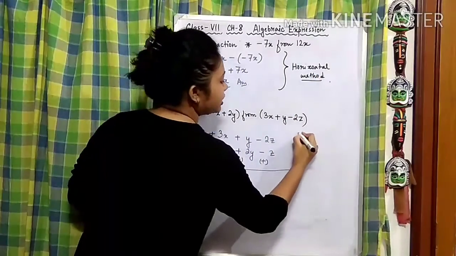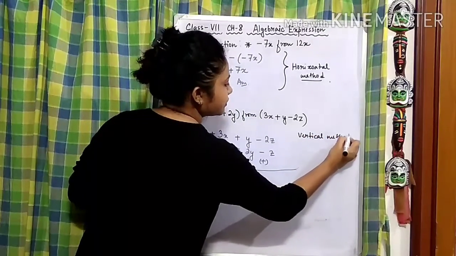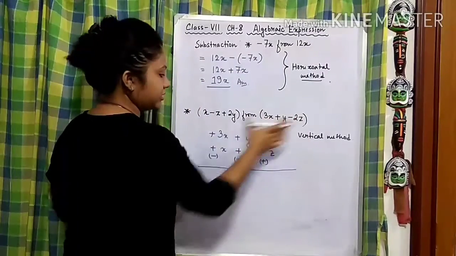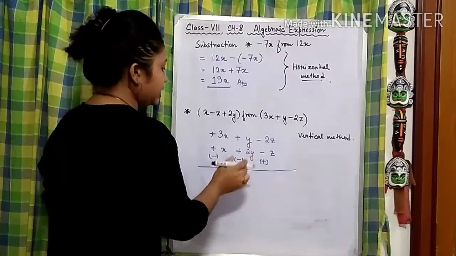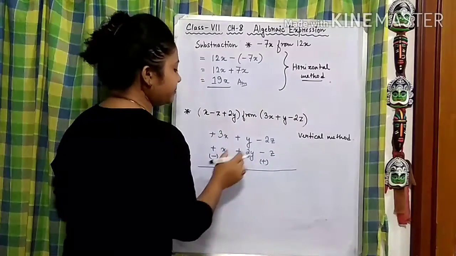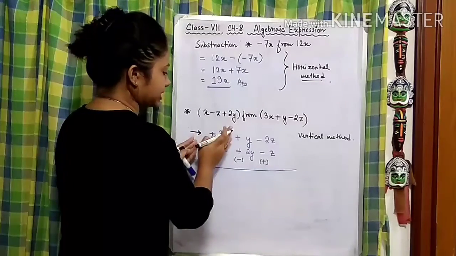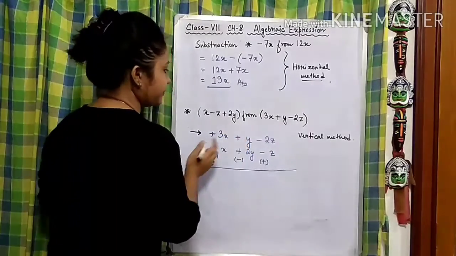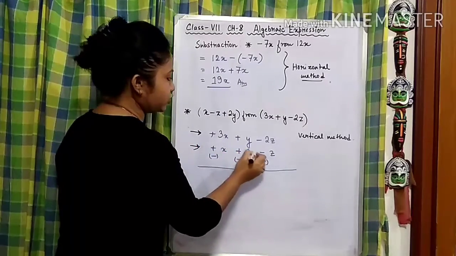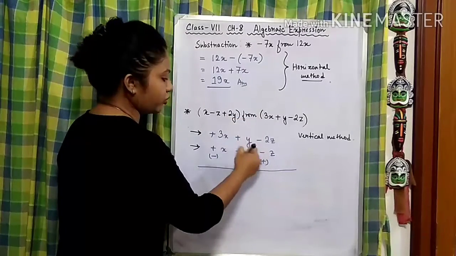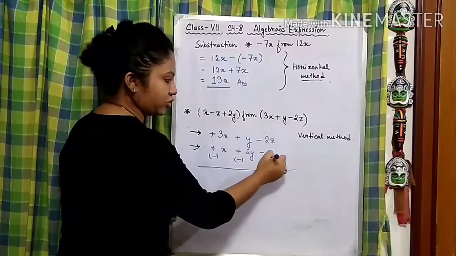For the vertical method, we have to write the bigger expression first, then the smaller one. The first expression I have written here: plus 3x plus y minus 2z. Then the next expression, plus x plus 2y. Here I have written 2y just under the y, then minus z just below the z column.